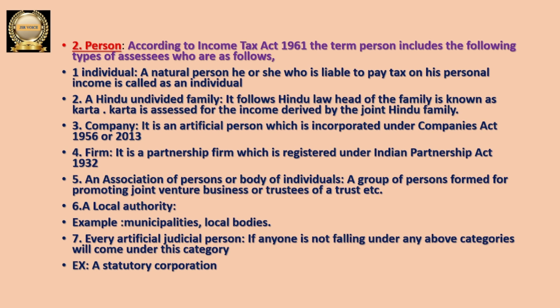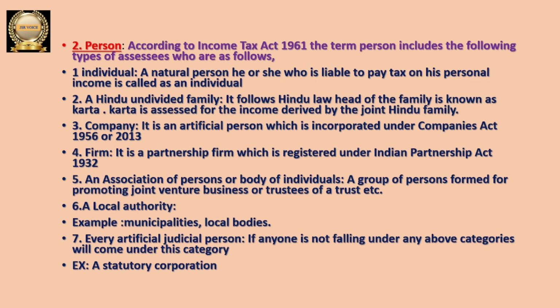Then we are liable to pay tax, and then we are called individuals. Individual means a natural person, but they should be liable to pay tax on their incomes. Only then can we call them individuals.